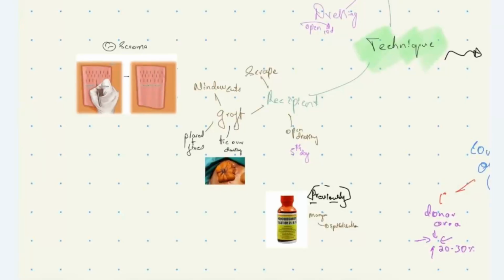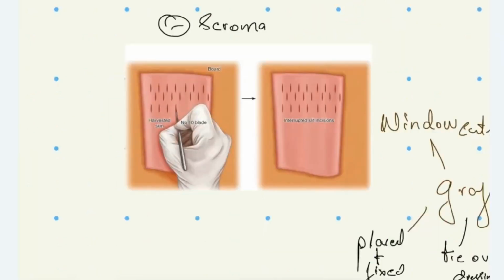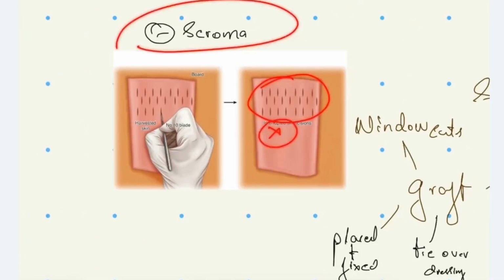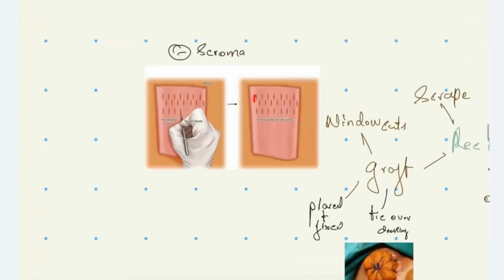First, we will scrape the wounded area in the recipient, followed by making window cuts in the skin graft that we have taken from the donor. Why should we make window cuts? If we don't make window cuts, there will be seroma formation. To prevent seroma formation, we should make window cuts in the skin graft before transferring it to the recipient.